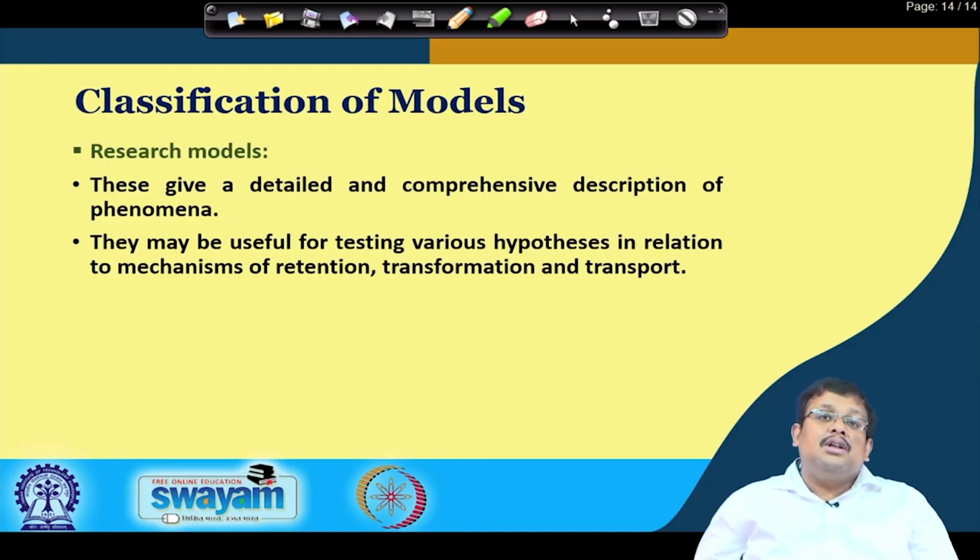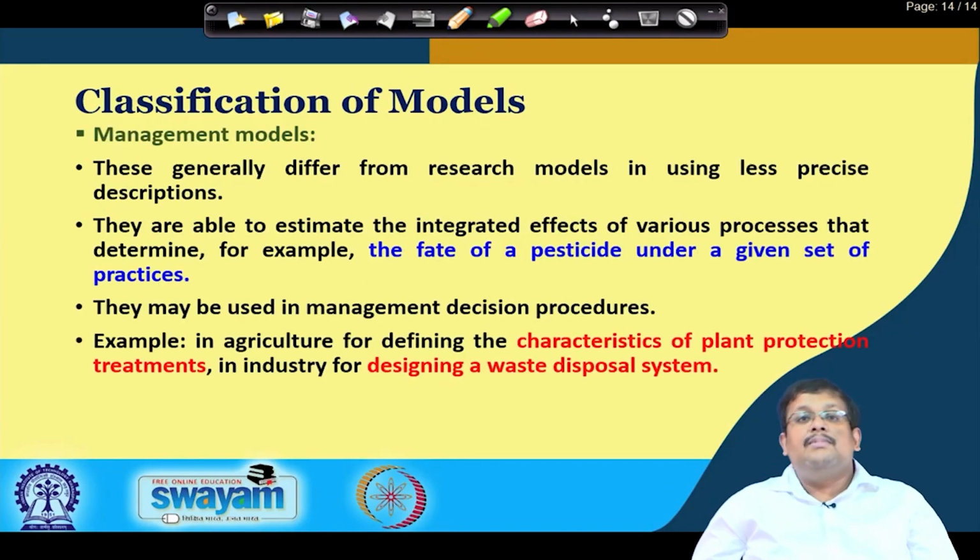Remember, the research model is a detailed and comprehensive description of phenomena, and they are very useful for testing different hypotheses in relation to the mechanisms of retention, transport and transformation of the chemicals from one place to another. Then management models are useful for taking management decisions.